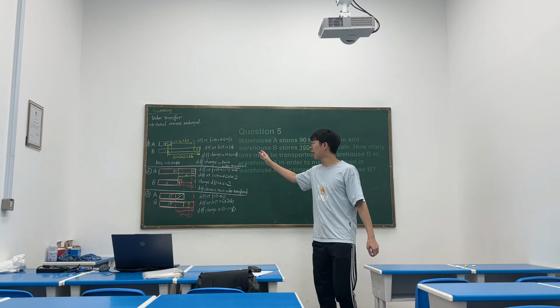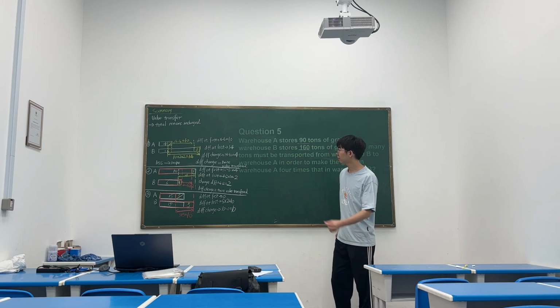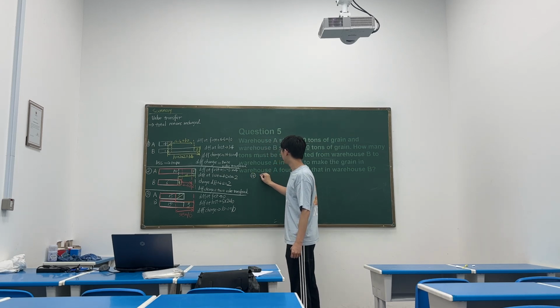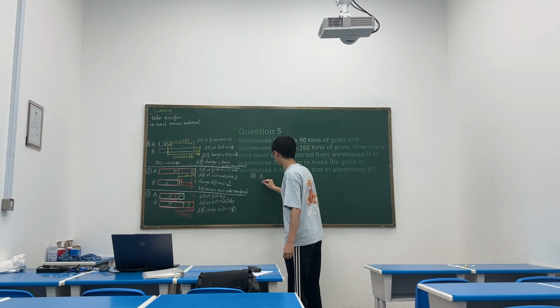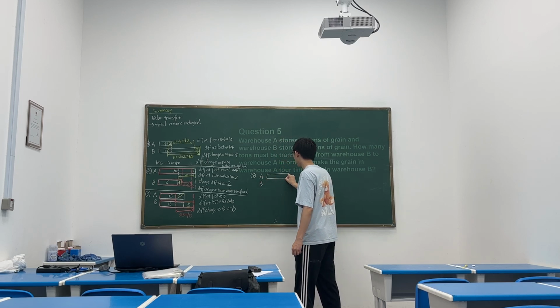Okay, now these are the 3 scenarios. Now let's take a look at the last scenario over here. Now you may wonder, in the fourth scenario, if let's say A has more than B again. So A has 10, then B has 6.